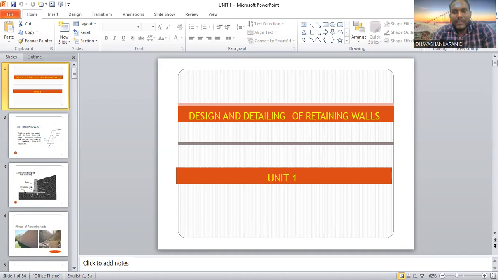The stem resists the soil from sliding. The shear key is provided at the bottom to resist shear. The total slab is called the base slab. The toe end is the front side. The drainage hole is given to allow the water to pass without getting drained into the soil side. And this one is the batter. So these are all the components of the retaining wall structure.